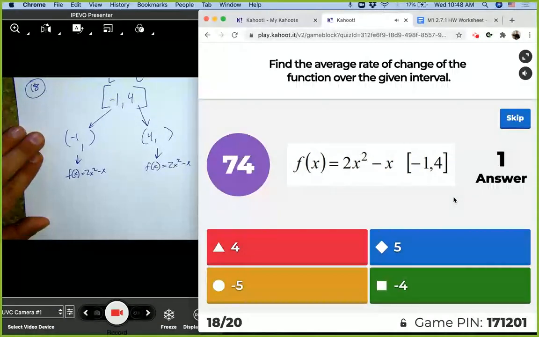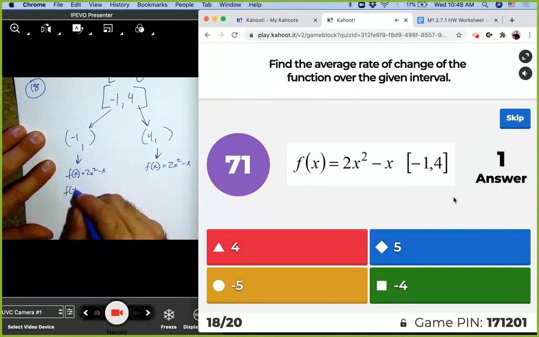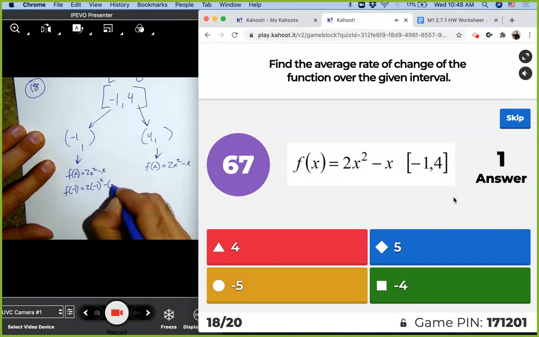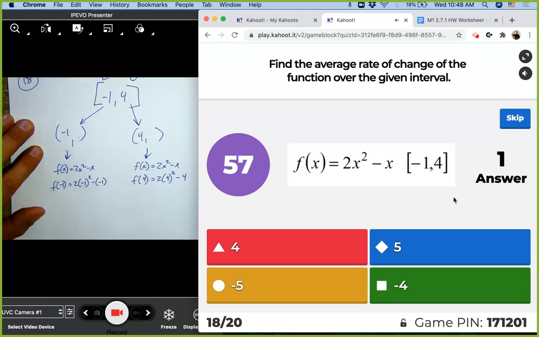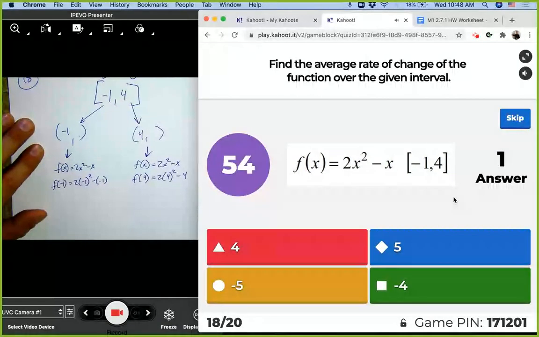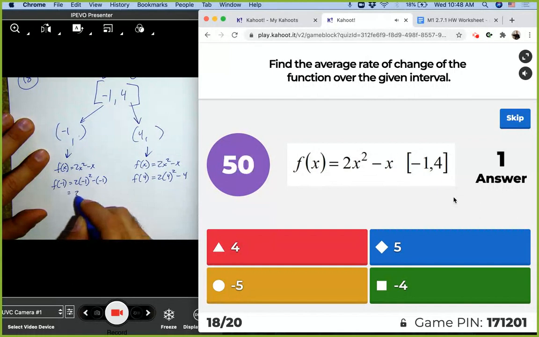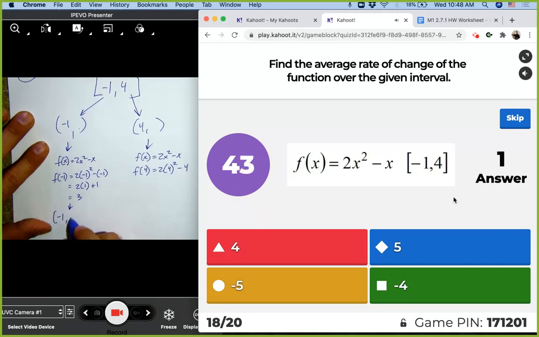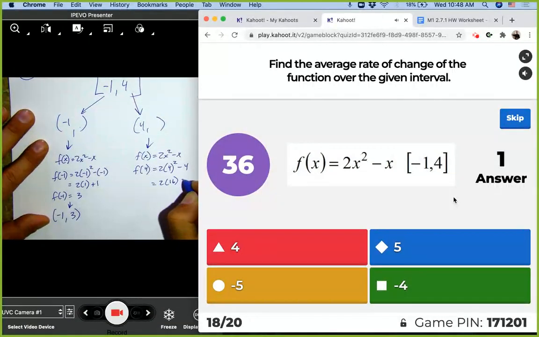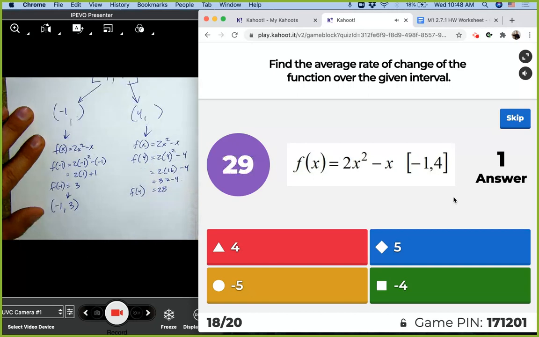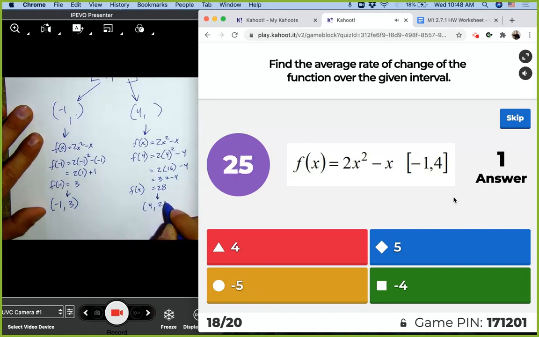I'm going to plug it into the function they gave me to find my y value. All right.